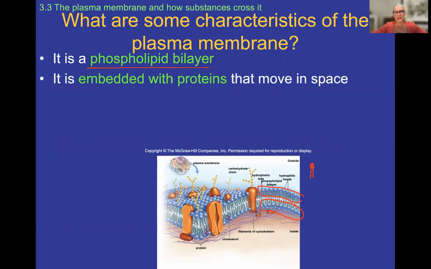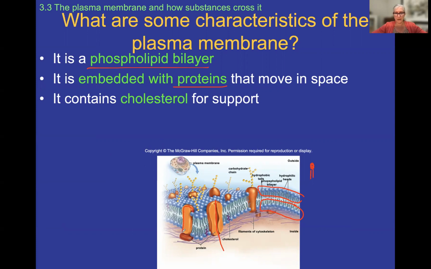You can see embedded in that bilayer are many, many different proteins. So these can be channels, they can be anchors, like this one creating an anchor for this other protein there. And then you also see oftentimes cholesterol that exists, and I don't believe it's labeled here. Cholesterol would actually kind of stiffen the membrane.